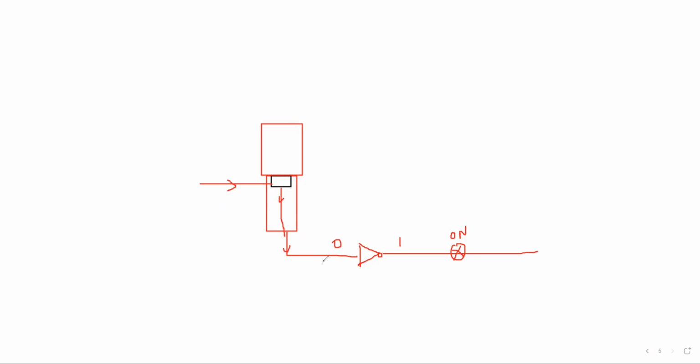When the current is passing, what will be the input for the NOT gate? The input for the NOT gate will be 1. If the input is 1, the output will be 0. And what happens to the lamp? The indicator lamp will switch off. Is it clear? The indicator lamp for the seat belt in the car also uses a NOT gate or inverter.